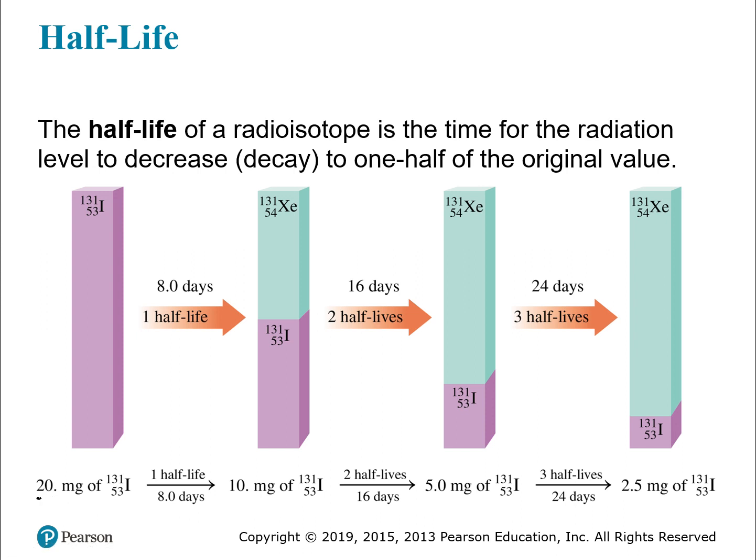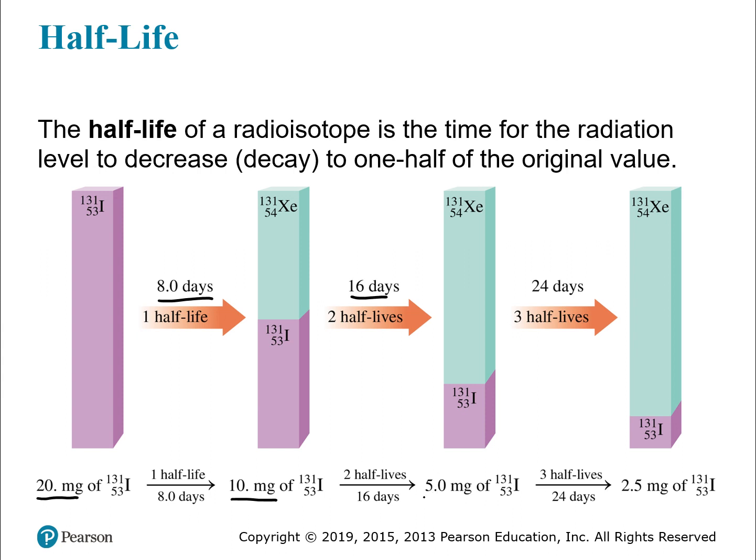So here we've got iodine 131. Let's say that we're starting with 20 milligrams of this radioactive isotope. Its half-life is 8 days. So if you started with 20 milligrams, 8 days later, you will only have 10 milligrams left. If you wait an additional 8 days for a total of 16 days, that's 2 half-lives.